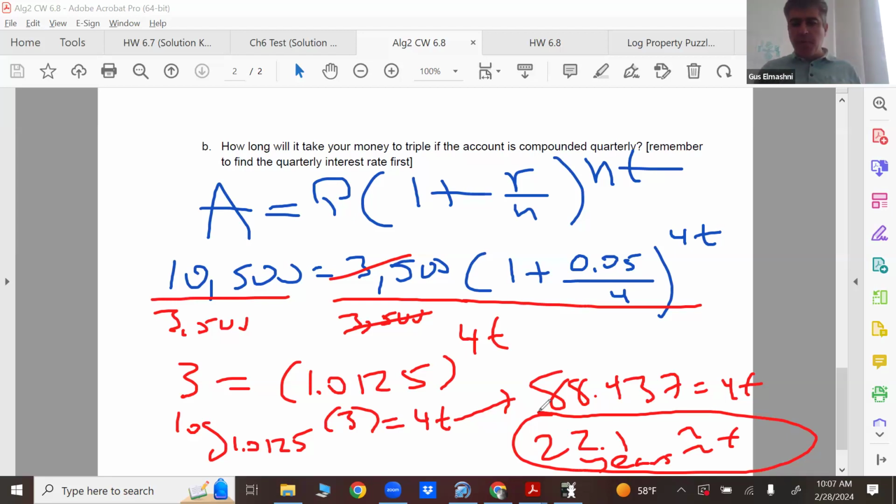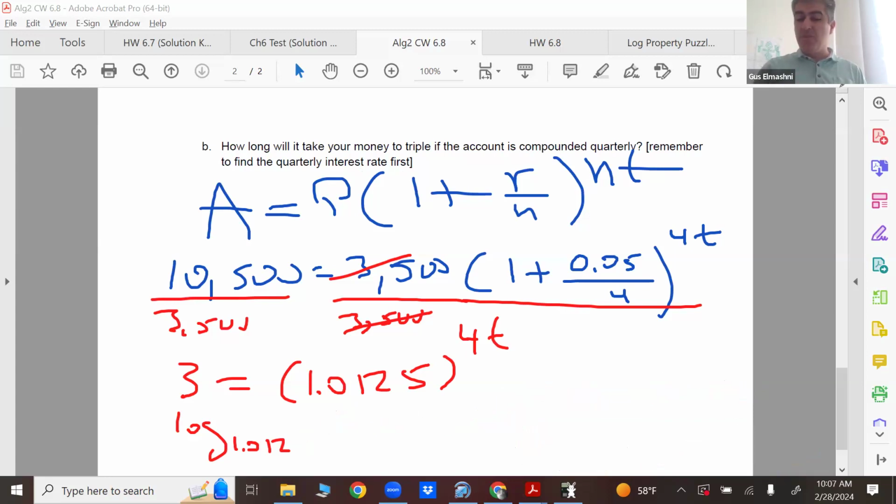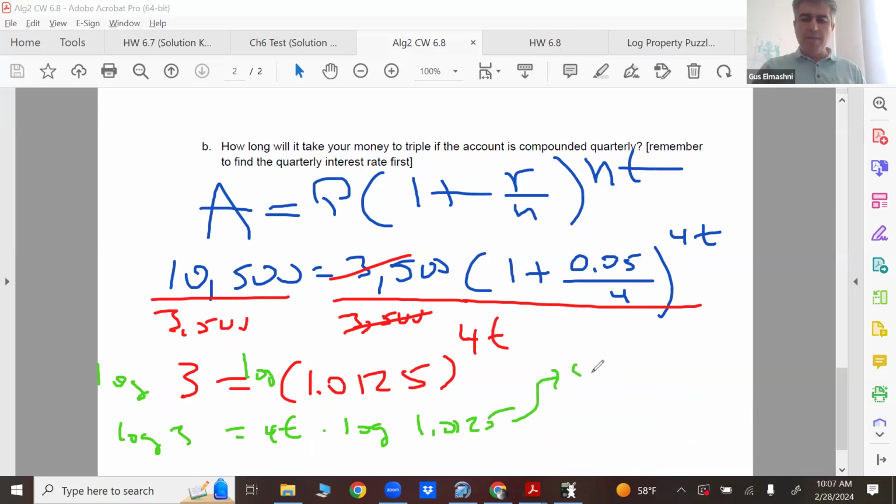Yeah, I did log base 1.0125. I decided to do it that way. If you wanted to, again, let me back up a little bit here. Another way we could approach this problem as well, do the method 2. This is method 1, what I did. If you want to do method 2, take log both sides. So I do common log.